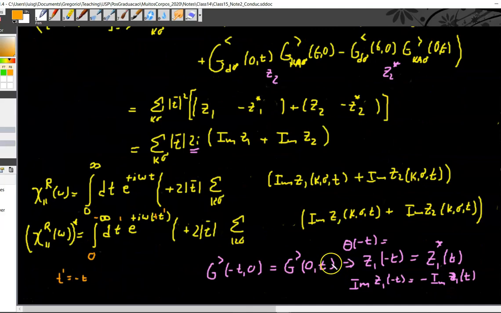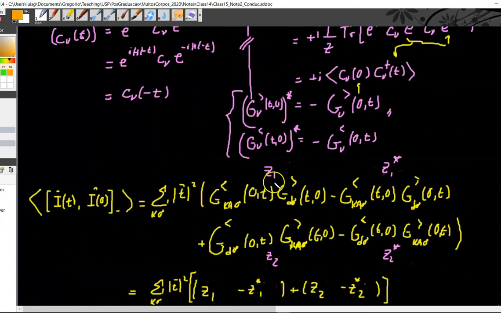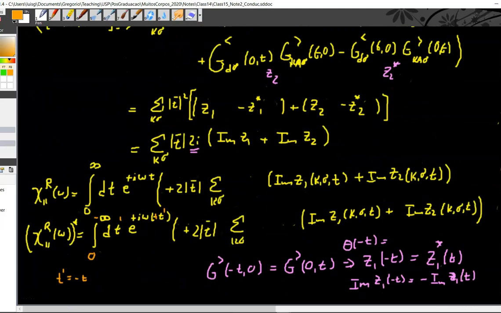That means that this z1 calculated at minus t equals its complex conjugate at t, just by definition of z1, right? Meaning that the imaginary part will change sign. So the minus 1 that comes from here with a minus 1 that comes from dt gives me the plus sign that I want.